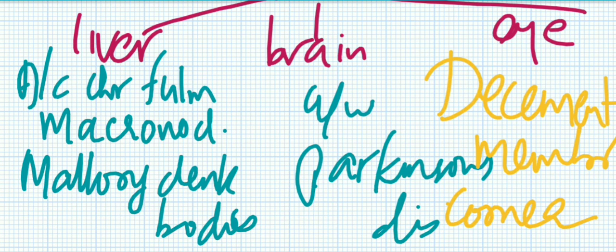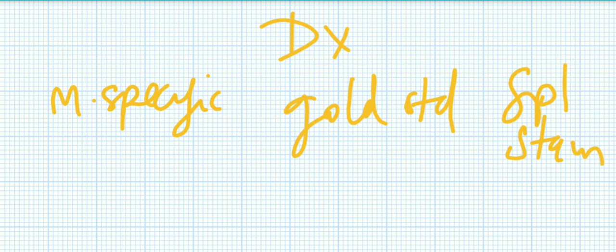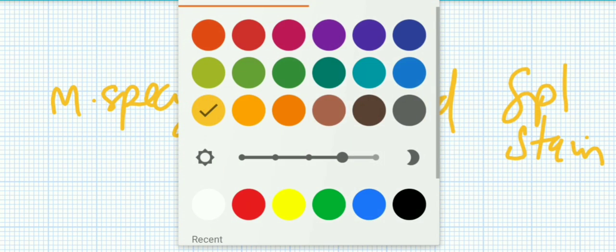Okay. So now let's see the diagnosis. You should know what is the most specific one, you should know what is the gold standard, and you should know what is the special stain. The most specific one is increased urinary excretion of copper.